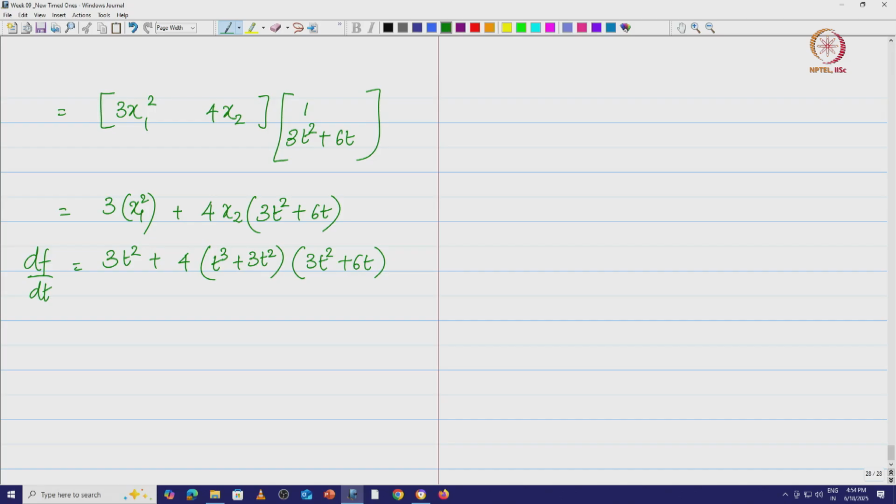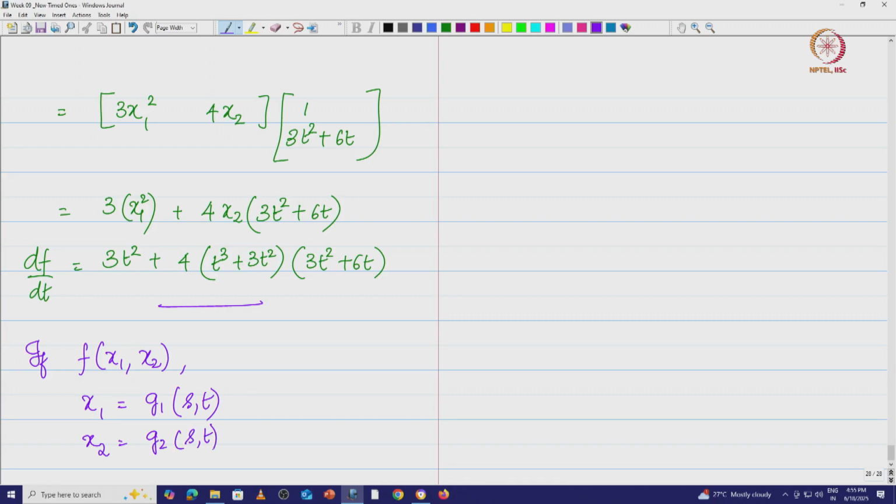In the case where we have a function of multiple variables, we are going to have something different. Say, for example, let us say we have f of x1 and x2, a function of x1 and x2, and x1 is a function g1 of s comma t, two variables, and x2 is another function g2 of s comma t.